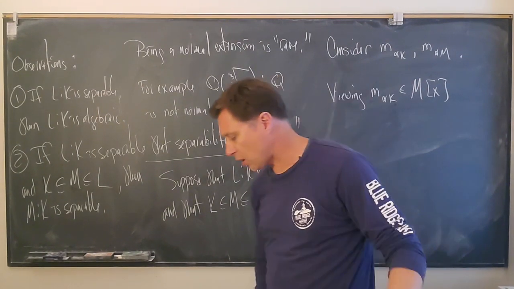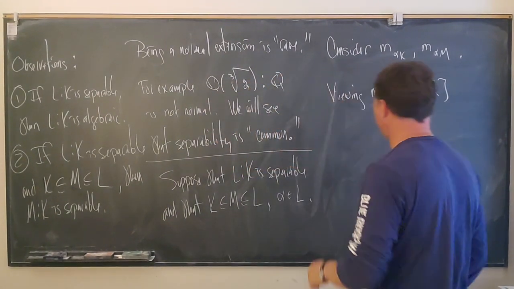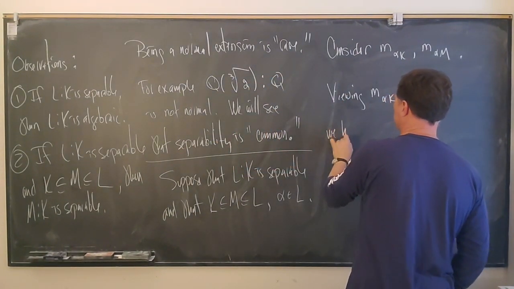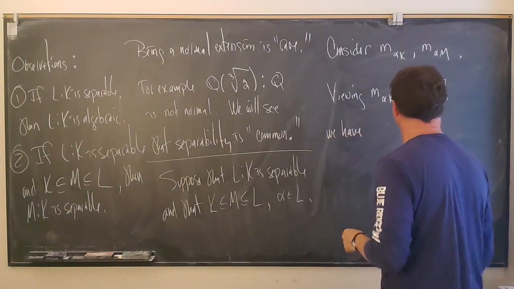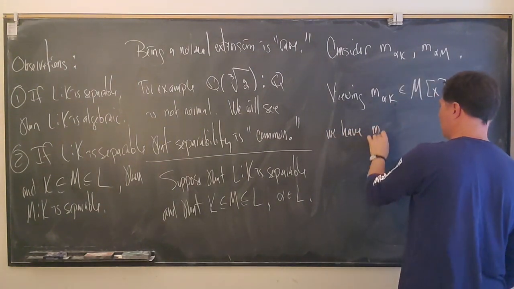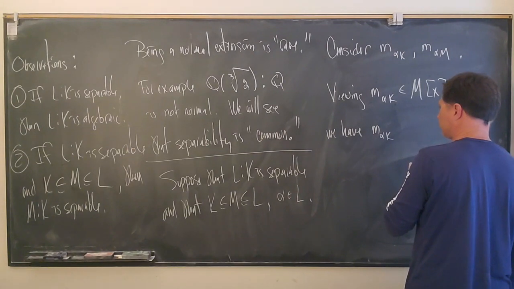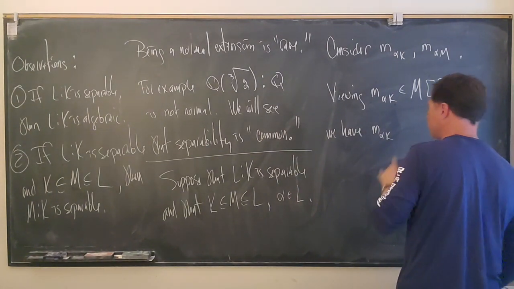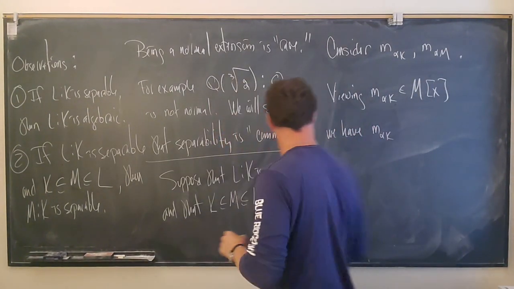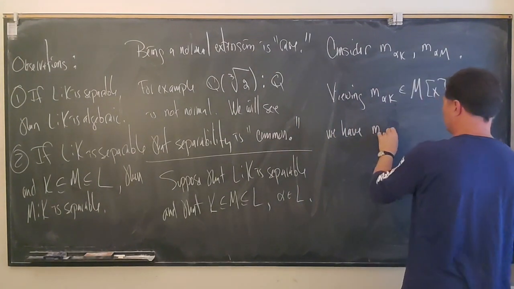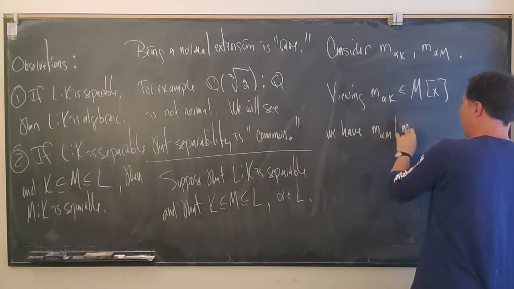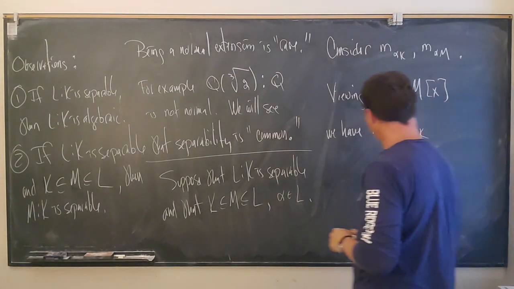And when we do so, what we should notice, oh, actually it's the other way around, M alpha M divides M alpha K. Why is that?